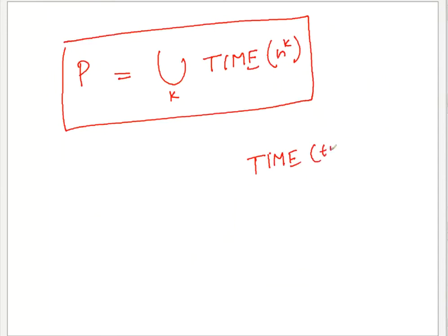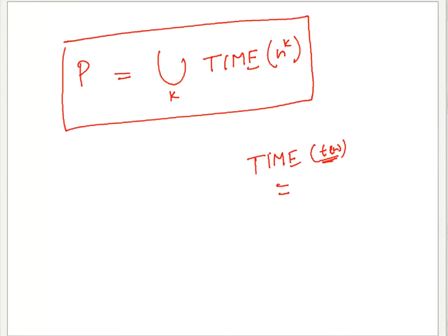Time T(n) was the collection of all languages which are decidable by some T(n) time Turing machine. So the class P is the collection of all those languages that can be decided in polynomial time by some deterministic Turing machine.